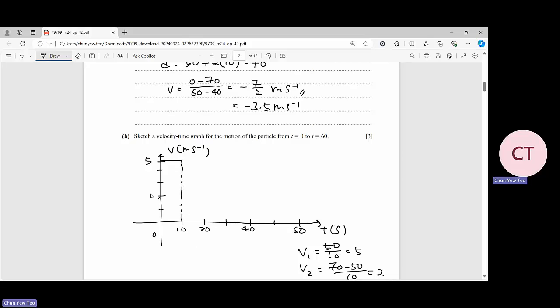Then after that, this is 2. And after that is 0, over here. Then after that is negative 1, negative 2, negative 3, negative 4. Negative 3.5 is here.